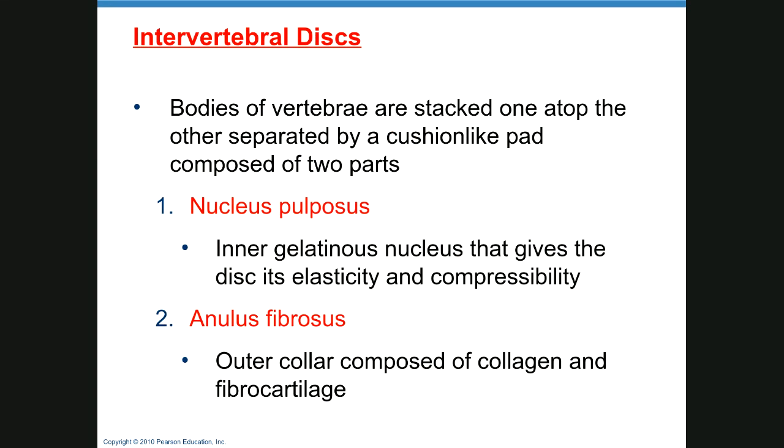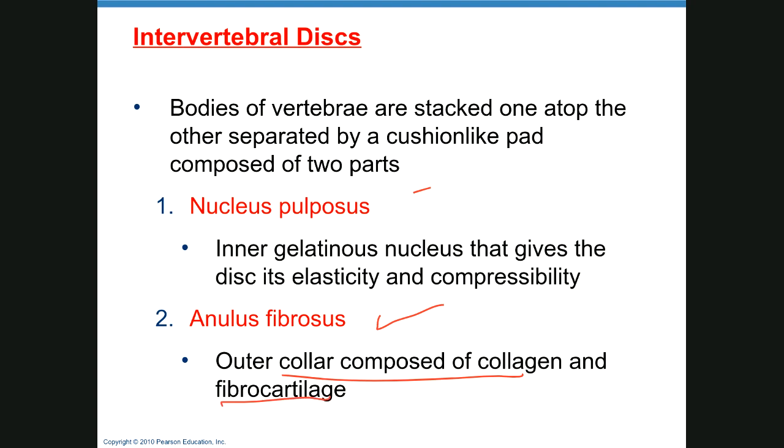The intervertebral discs are pads of fibrocartilage found between vertebrae. They are made of two components, the nucleus pulposus and the annulus fibrosus. The annulus fibrosus is the outer collagen connective tissue fibrocartilage layer.